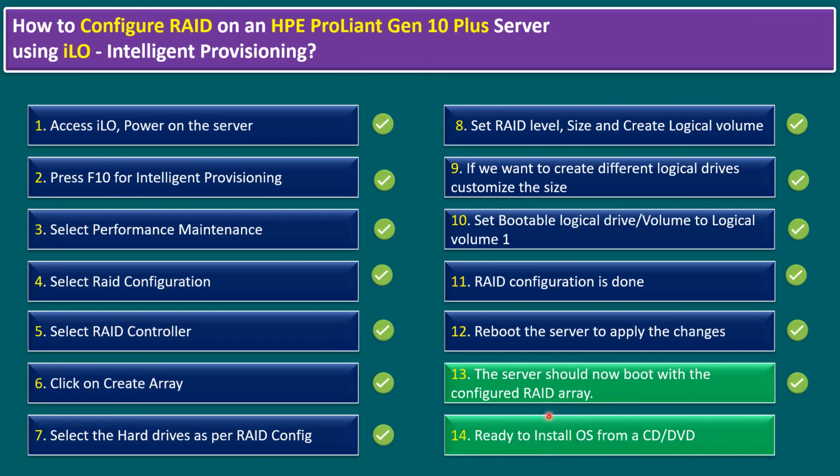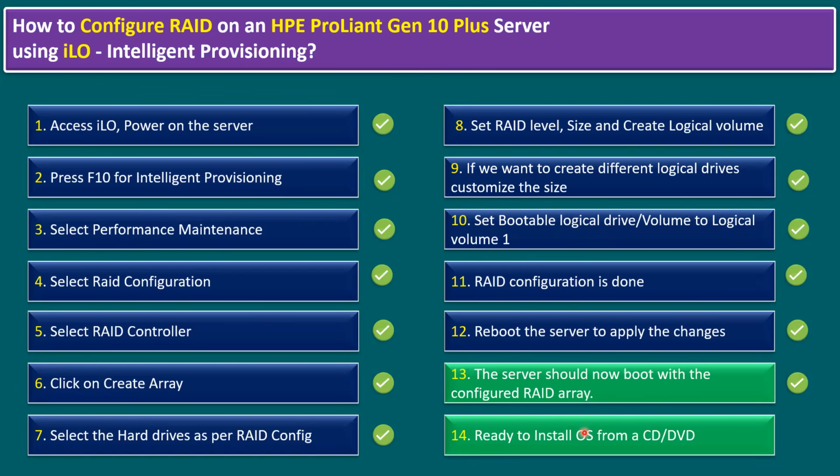And last but not the least, once the configuration is completed, we are ready to install the OS from CD or DVD, or you can mount a local ISO file. This OS option is subject to the customer's choice. We can install VMware ESXi operating system, or we can install the latest Windows OS, Windows Server 2022, or Red Hat Enterprise Linux or Core OS, or a SUSE OS.